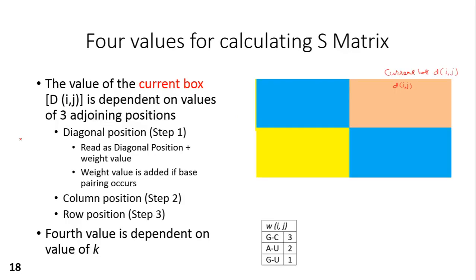So the value of this box Dij is dependent on the values present in its three adjoining positions. This position, which we call the diagonal position, whatever value is present in the diagonal position would reflect what is going to be in your current box. We would call it step 1. We have to read it as the diagonal position plus the weight value.